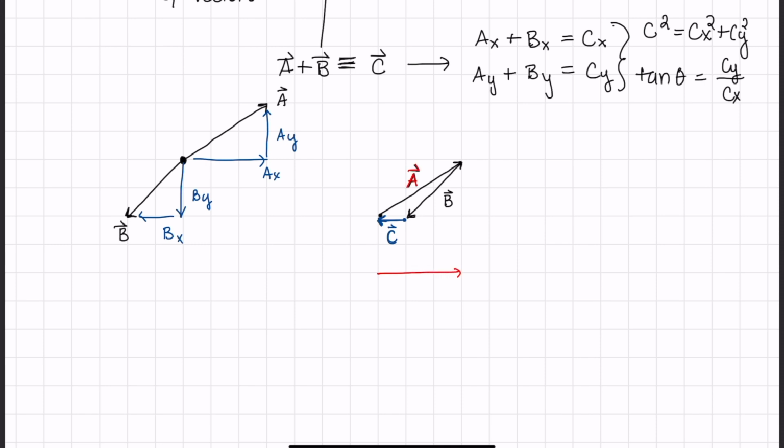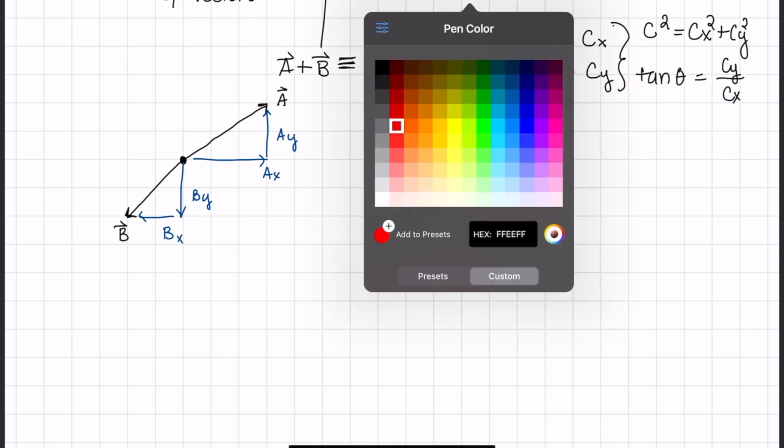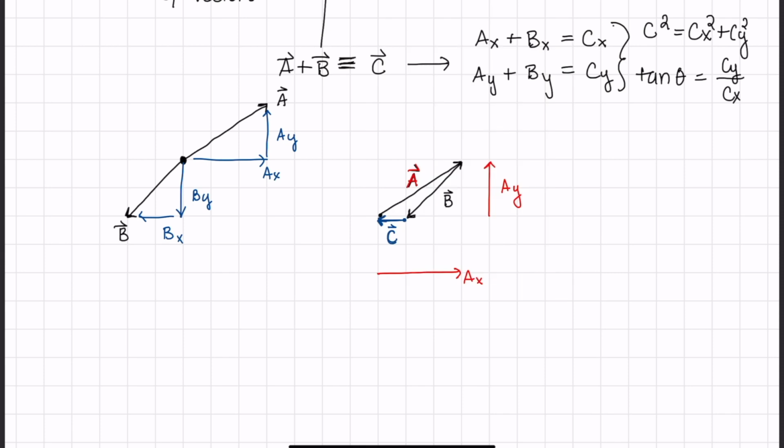We had 3 going across, and we had 2 going up. And for B, which I'll do in green, we had 2 going back, and we had 2 going down.